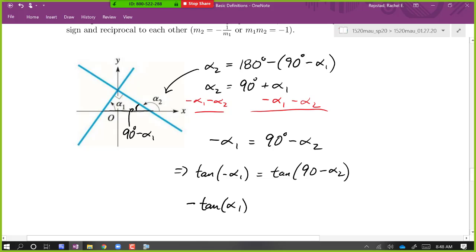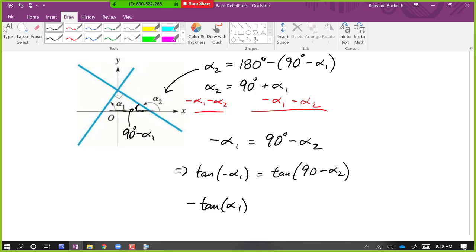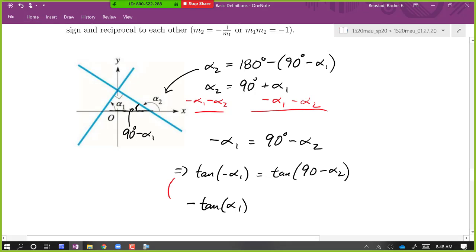It looks like we could just pull out the negative, but that's not true of functions in general. It's only true if a function is odd. It's true for tangent, it's true for sine, but not for cosine. Cosine is not an odd function. So this is because tangent is an odd function.